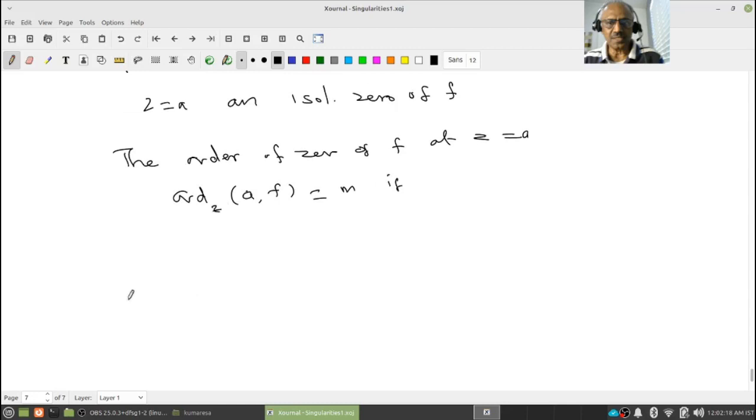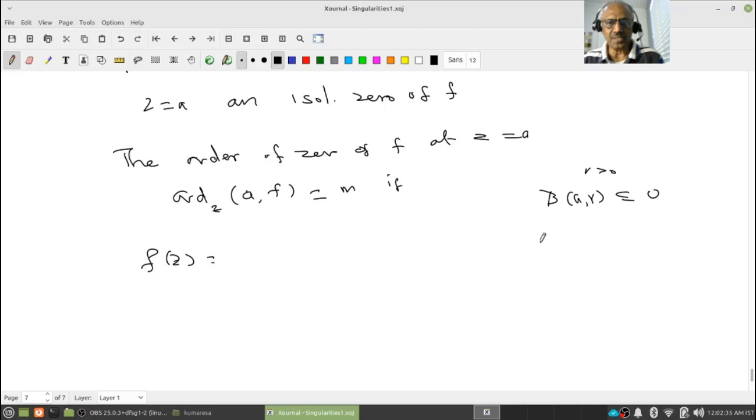There are two ways of defining. Let us look at f of z and expand it in powers. Let us assume a is an isolated 0, therefore there is an r positive such that the only 0 of f in B(a, r) is a.